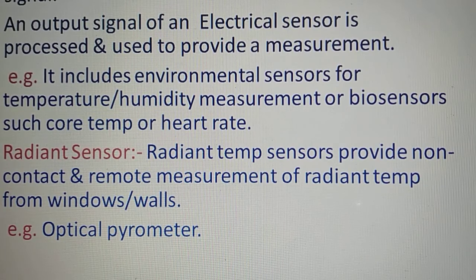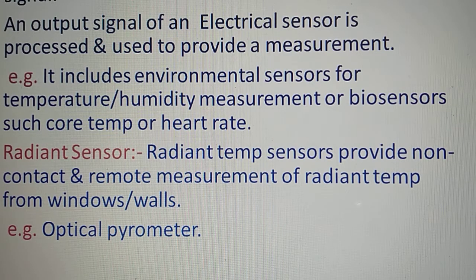The next kind of sensor is an electric sensor, and this electric sensor is a device made up of, generally, ICs, integrated circuits, that detect a specific physical parameter and convert it into an electrical signal.